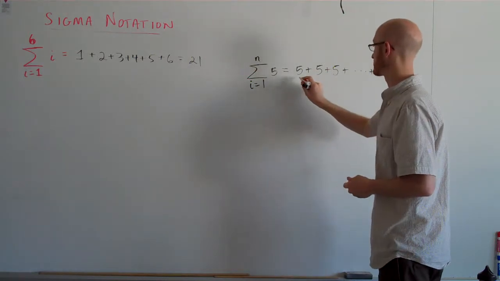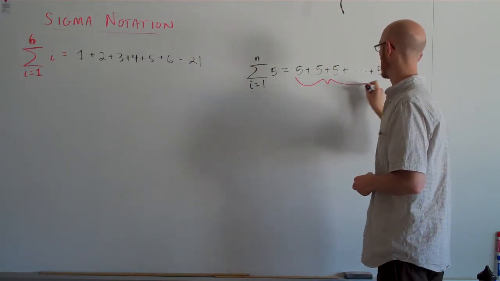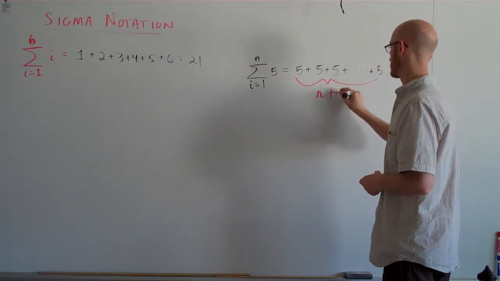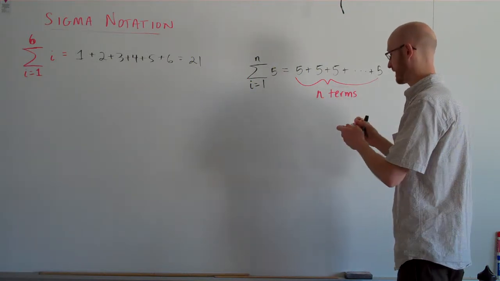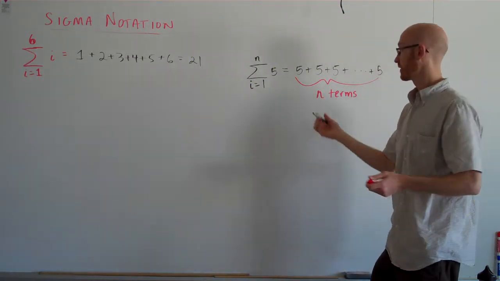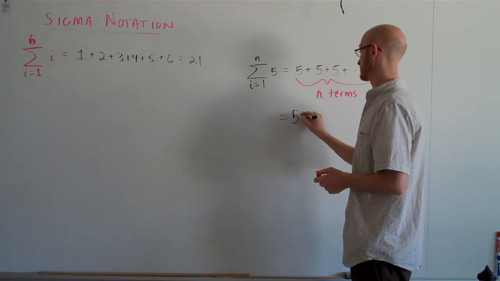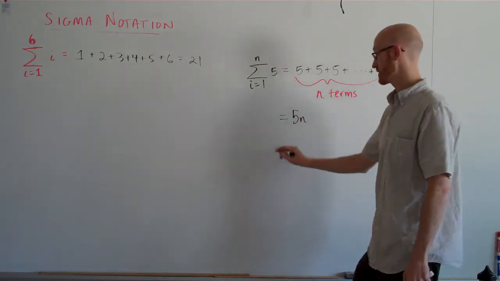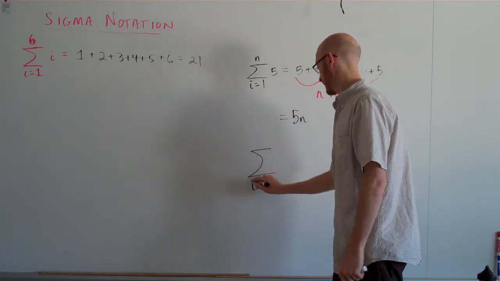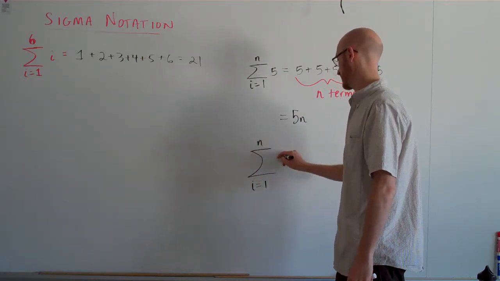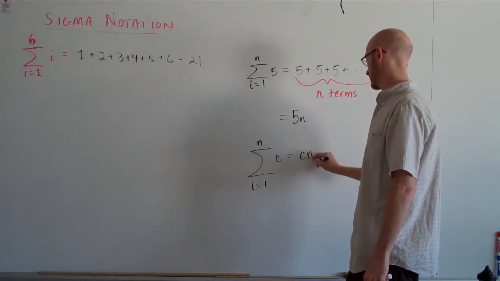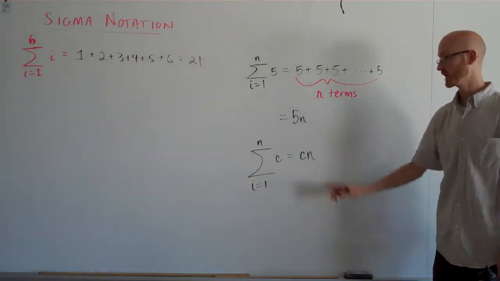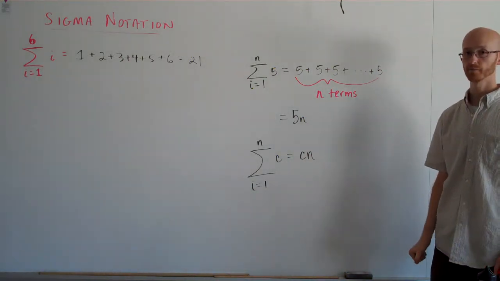So really this is basically n terms of 5 plus 5 plus 5 plus 5 plus 5, which is, of course, by definition of multiplication, equal to 5n. So in general, as i goes from 1 to n of some constant, that sum is simply the constant times the n value.